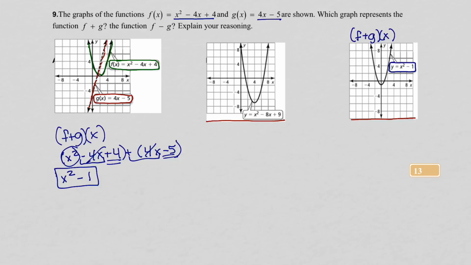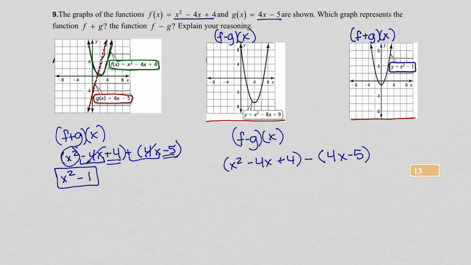So I'm going to assume that this one is probably f minus g of x, but we need to check that. We can't just say that it is because it's the only thing left, because it might not be. So let's see. f minus g of x. Well, we've got those same terms, our f of x. And this time we're subtracting from that our g of x. Well, nothing changed here. But this negative tells us to do something important.